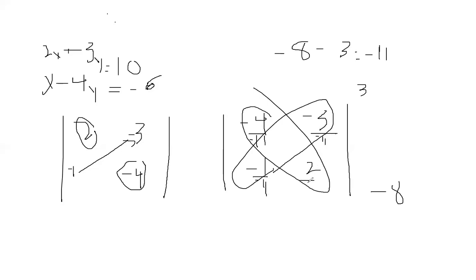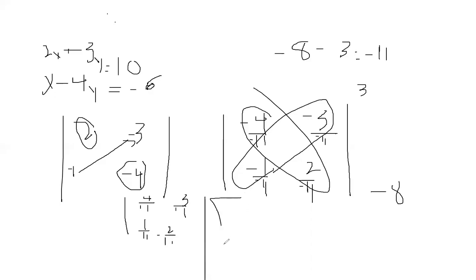And one more over negative 11. And then we can clean this up. We'll write a new one. 4 over 11, 1 over 11, 3 over 11, and negative 2/11.